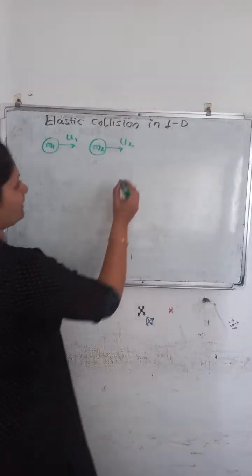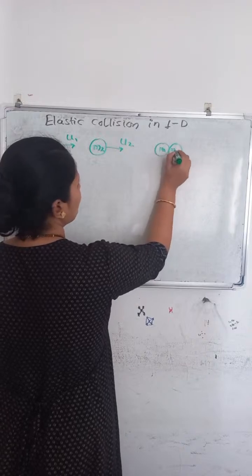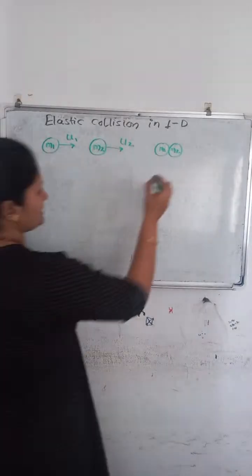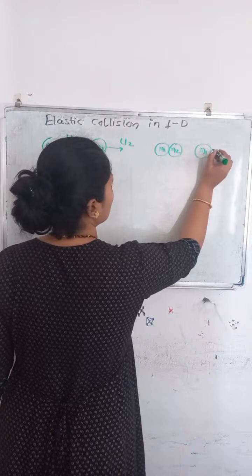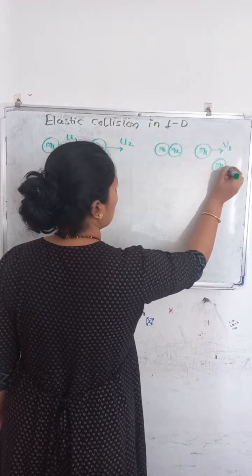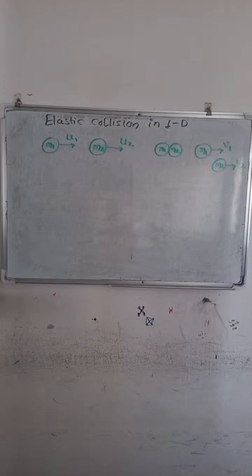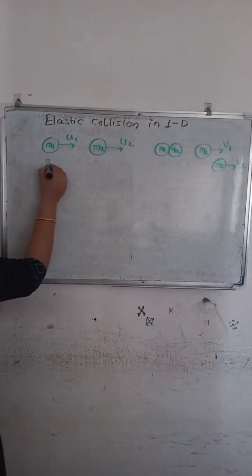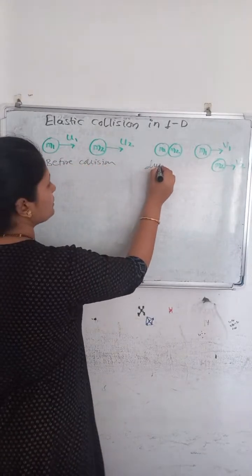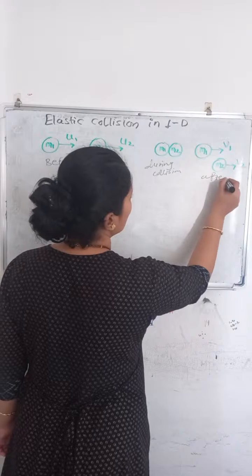When they collide on each other, after collision their masses remain the same: m1 moving with final velocity v1, and the other body of mass m2 moving with final velocity v2. This is before collision, this is during collision, and this is after collision.